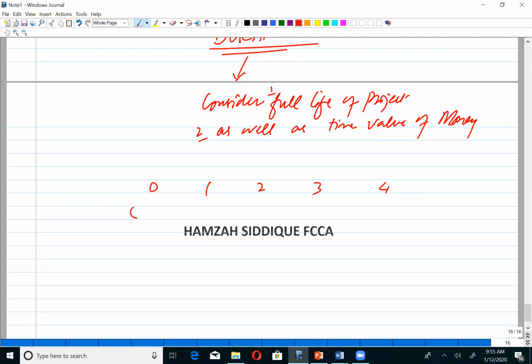Investment is 200 million and 60, 85, and 40, 30.